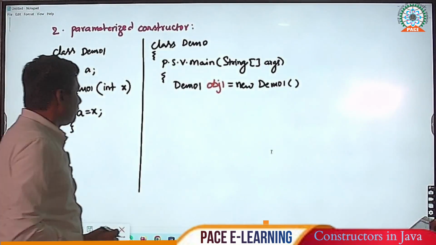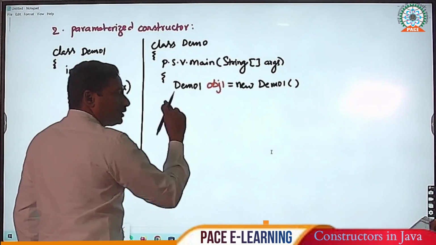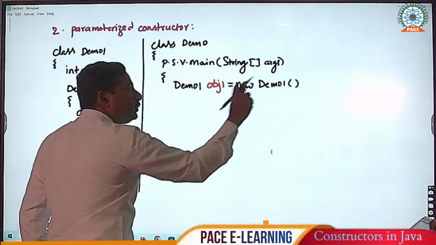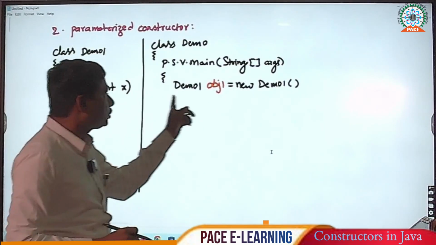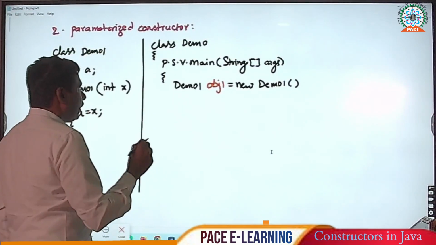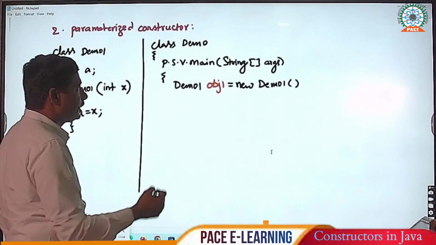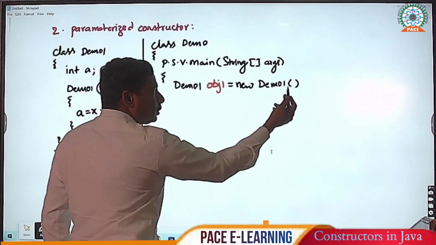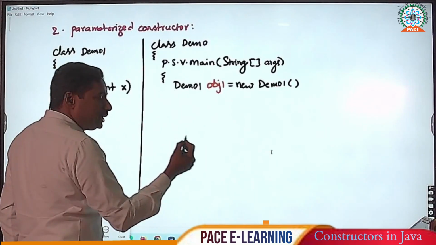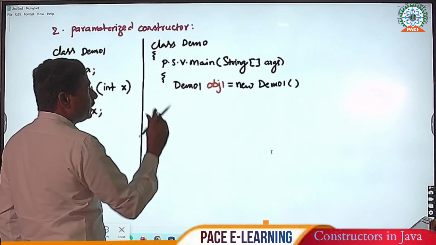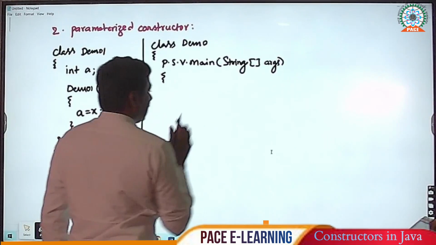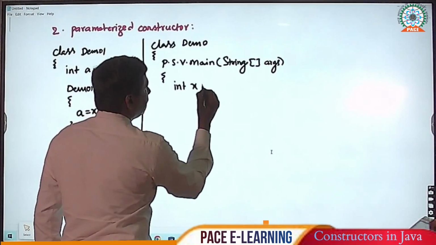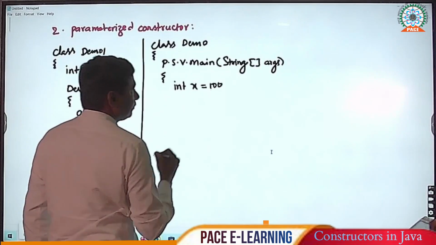This is the statement I have written, the way I created an object for the default constructor. Now we should not do it like this, because as I told you, we are passing an argument from here. So before passing that value, you need to read what that value is. Here I am writing int x, and this x is equal to 100.